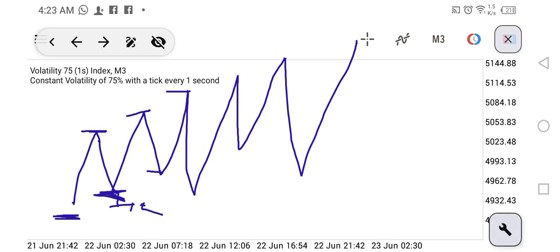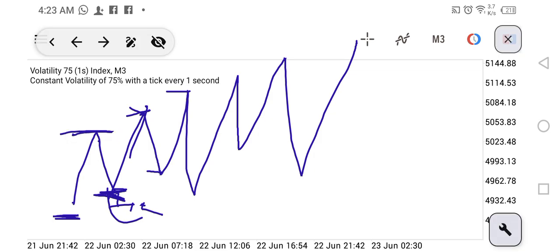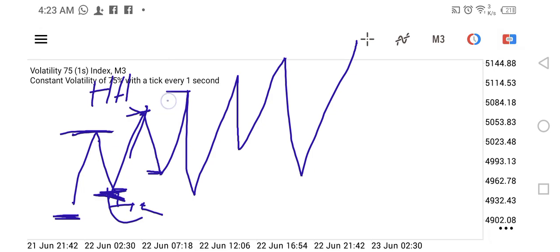And then from this higher low point, price went on to give us a higher high point because this is another high point, but it is higher than this one, the previous one. So this now becomes a higher high, or HH. And then the pattern continued like that: higher low, higher high.